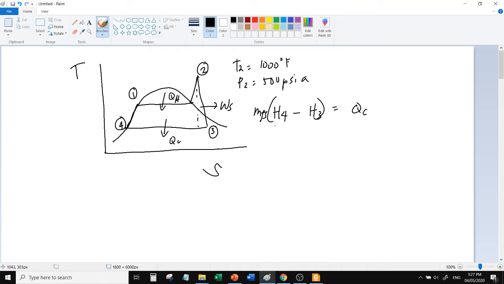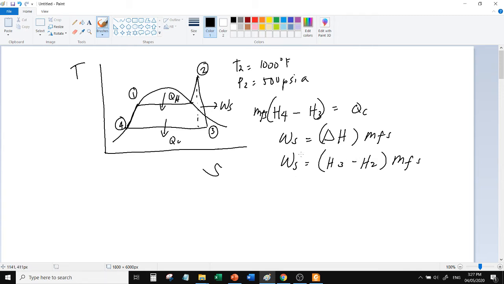The other question is the MFS. How do we solve that? The MFS comes from the delta H of the turbine times the mass of flowing stream. Further expanding that, we need H2 and H3.